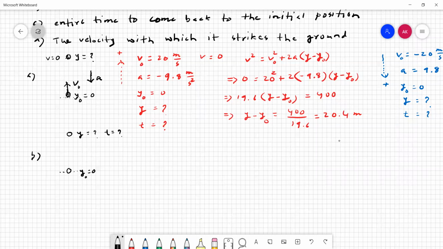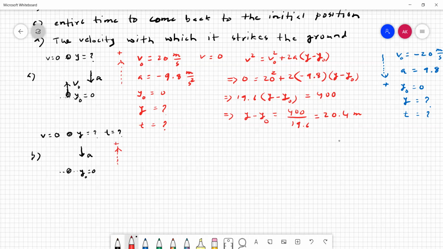We know one thing: at the maximum height, what's the velocity? That is 0. Again, for any free fall motion, acceleration is always down. So I'm going to use the upward direction to be positive. This is our choice, which direction of coordinate axis we're going to use.